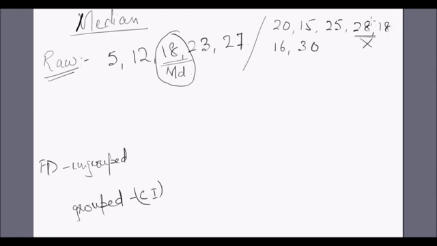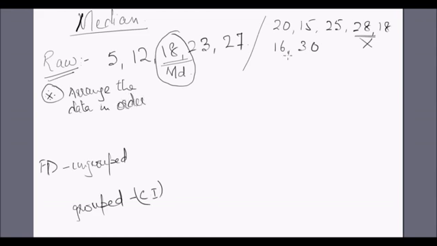Because this is not the center. Although we have this as the data, before finding the median, we need to arrange the data in an order. It could be either increasing order or decreasing order. So an important point before you go to find the median is to arrange the data in any order.